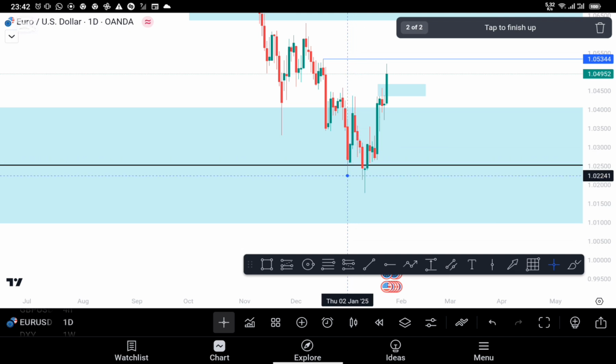We disrespected this gap here, and then we used it as support to propel price further. There's also a sweeping liquidity here. This is a rejection candle, so we are sweeping liquidity, and then we disrespect a bearish array. Okay, support, when we go below support we use it as resistance. When you go above resistance we use it as support. What is our support in this case?